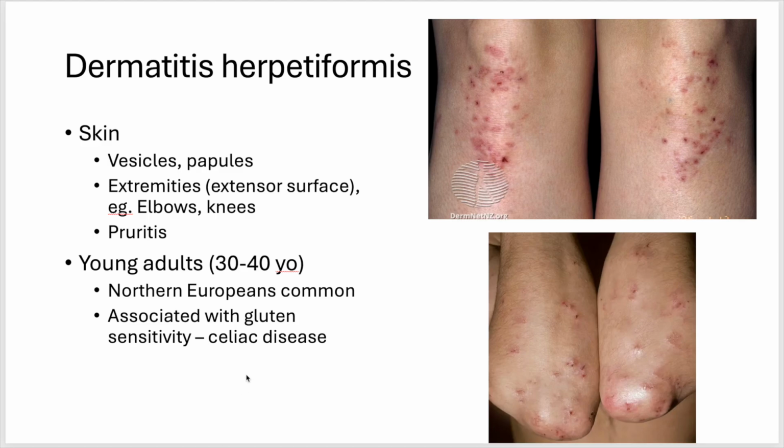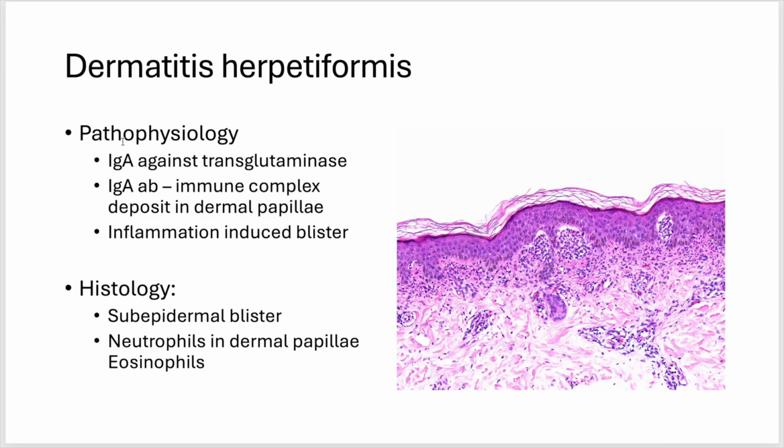The disorder tends to affect younger adults, usually in their 30s or 40s, and there is a strong association with celiac disease and gluten sensitivity, especially in patients with Northern European family history. And the pathophysiology is driven by IgA antibodies, specifically against transglutaminase, especially the epidermal type.